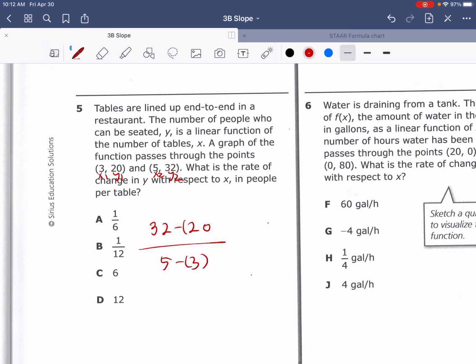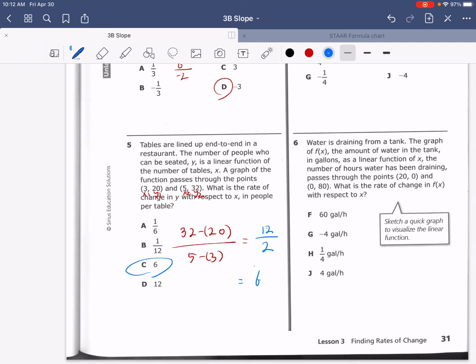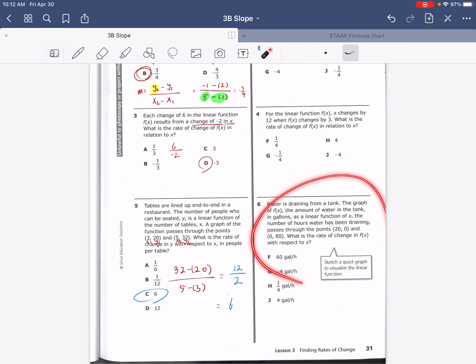I mean, you technically should put parentheses here. So put this one into Desmos or do it by hand. It's up to you. 32 minus 20 is 12, minus 5 minus 3 is 2. 12 over 2 is 6. So that's 6. Okay. Now try this one by yourself. This one should be easy.